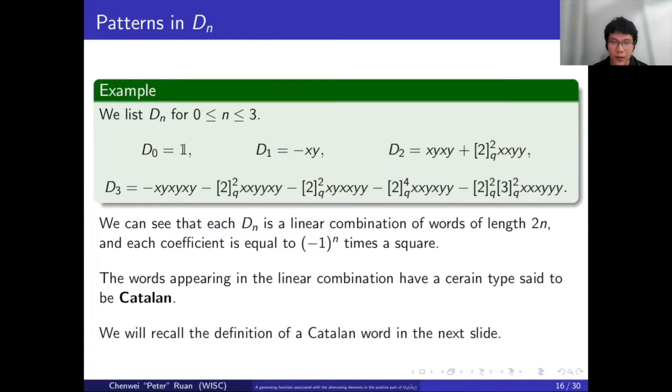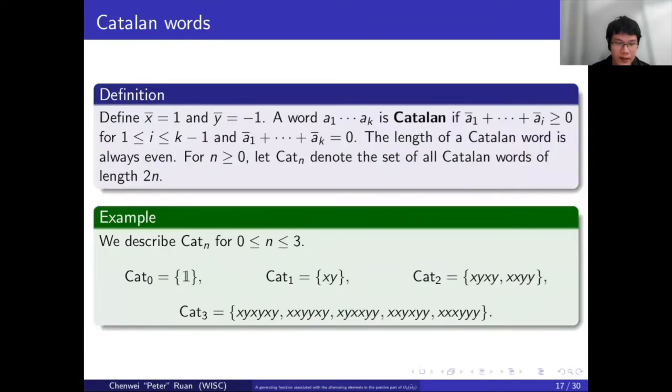We now recall the definition of a Catalan word. First we give some weight to x and y: the weight of x is 1, and the weight of y is minus 1. A word a1 up to ak is called Catalan if every partial sum of the weights is non-negative, and the sum of all the weights of the letters is 0.